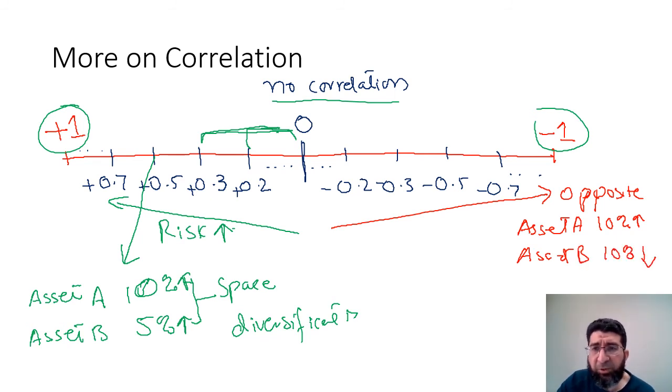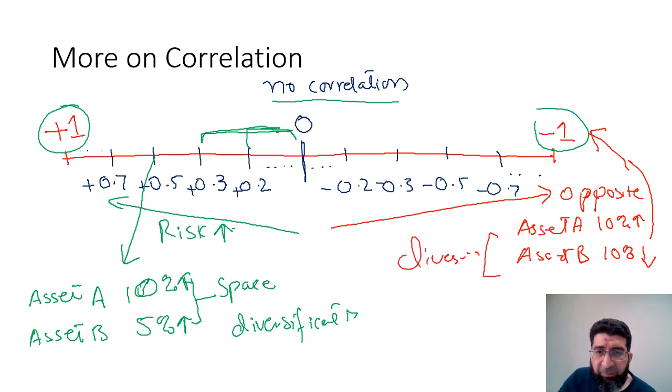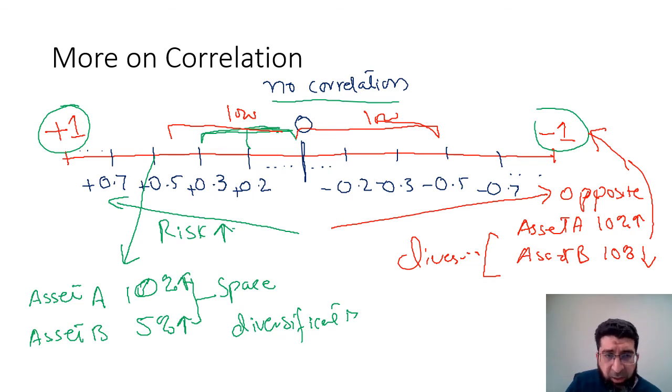So it's exactly opposite at -1. Anything less than that will provide the space between the two assets for diversification benefit. Again, the closer it is to zero, these low correlation regions will provide a better diversification compared to the higher regions.